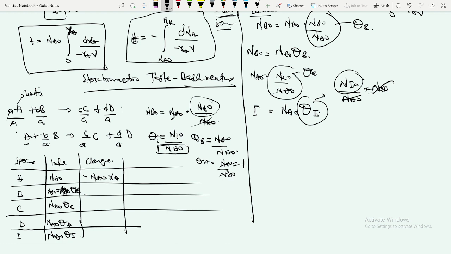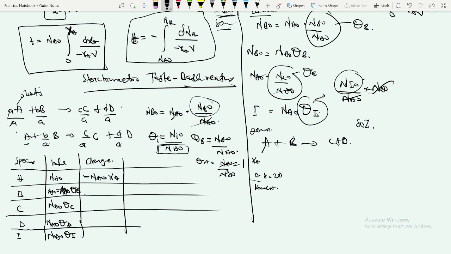And then for B, the change in B, we can't use the initial moles of B present. Why? Because when you have a reaction and A is our limiting reactant, the conversion is based on A. So if the whole reaction has, let's say, 80% conversion, and you have 20 moles of A present, your conversion for A will be 0.8 times your 20, and that's 16 moles of A converted.